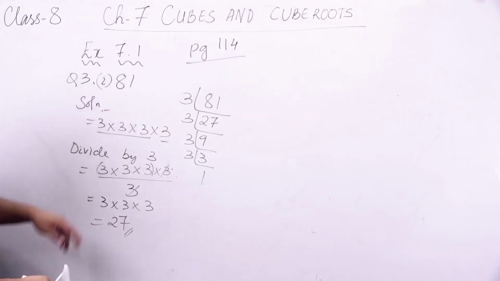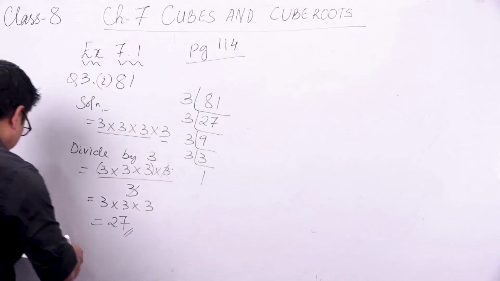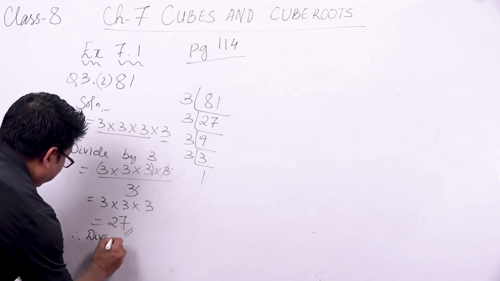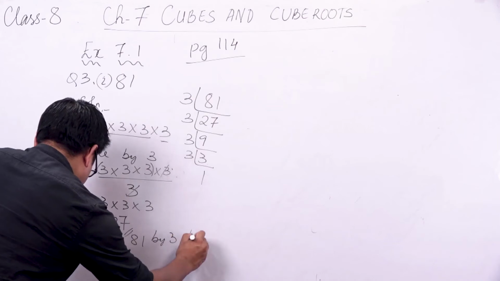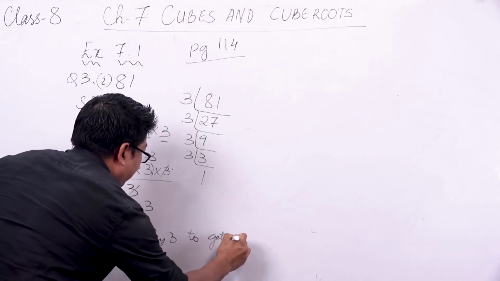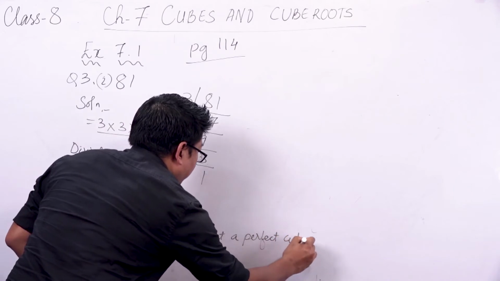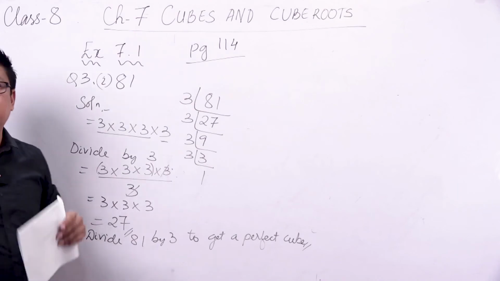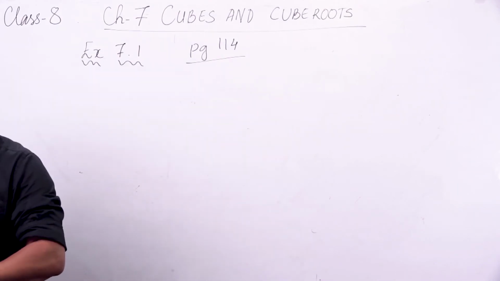So therefore, when we divide 81 by 3, we get a perfect cube. All right. So this is how we use the division method to find a perfect cube. Let's look at the next question.